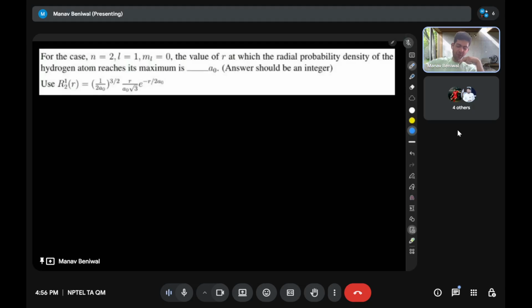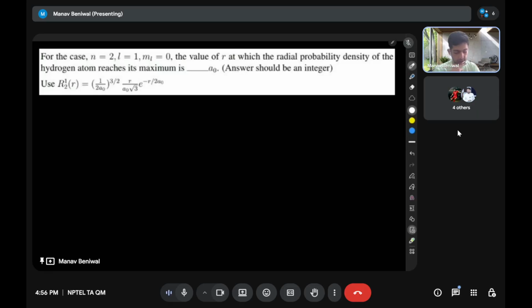Another problem which has angular momentum in it, but not necessarily we'll be using the angular momentum operator here. Why? Because the question is more about the wave function than the angular momentum thing. So what are we given?